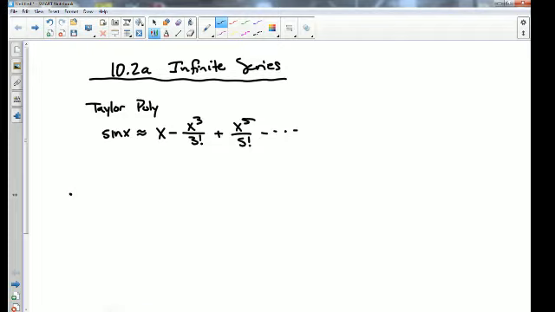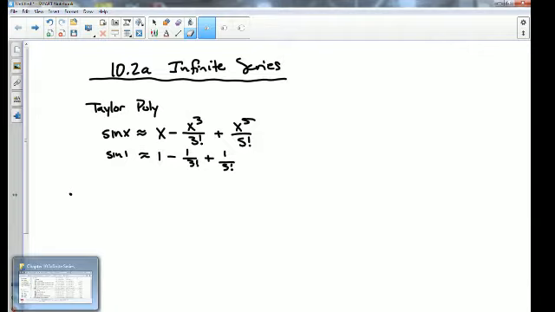With that, could we approximate the sin at 1 by plugging 1 in? What we know is this is an approximation, correct?